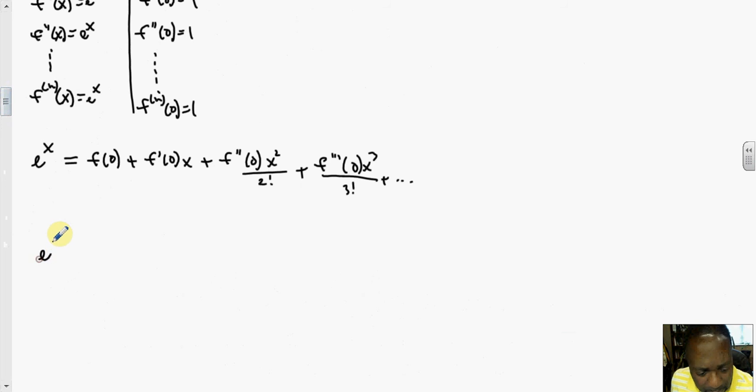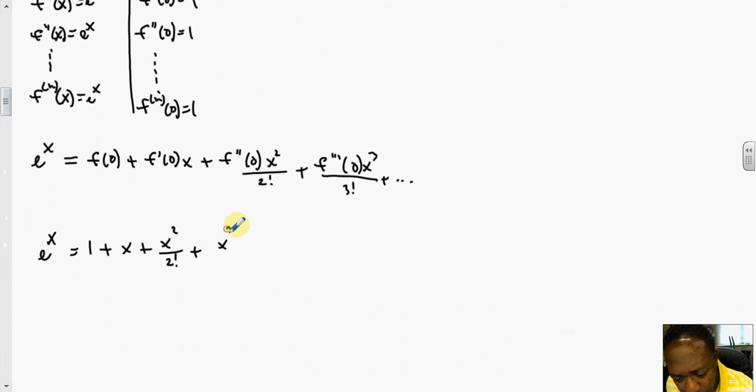Do we see the pattern? e to the x is equal to f of 0, which is 1, plus all the derivatives were 1, so this is just x plus x squared over 2 factorial plus x to the third over 3 factorial plus and so on plus x to the n over n factorial plus and so on.